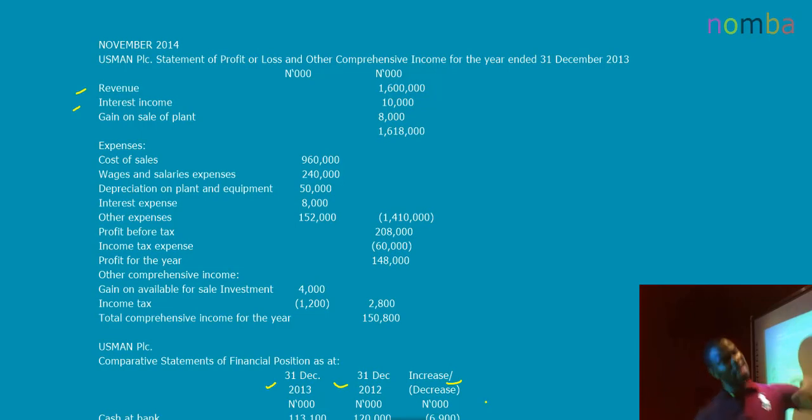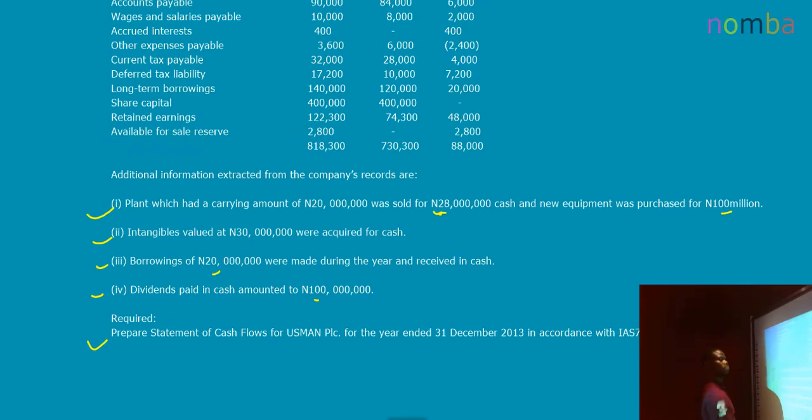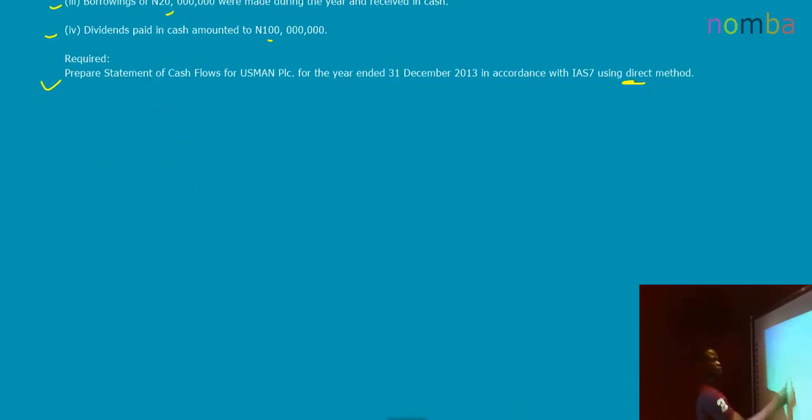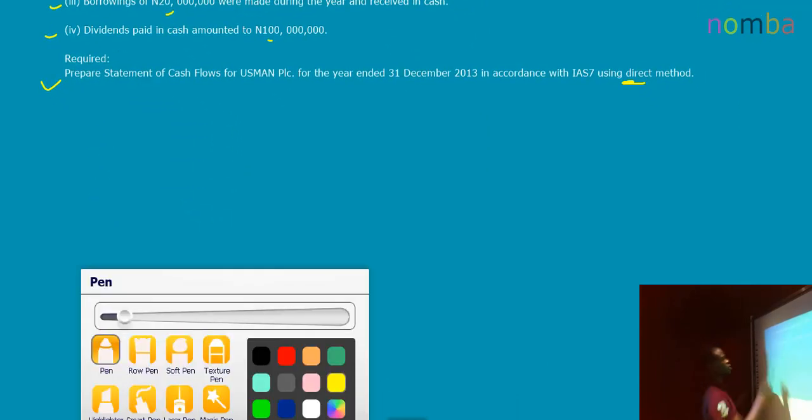The remaining cash item is what you transfer to the statement of cash flows. That's the approach we're going to use here. We're going to pick each item one by one and extract out the non-cash element, leaving the cash element that would be recognized in the statement of cash flows. So let's go and have our statement. We are preparing this statement for Usman PLC.